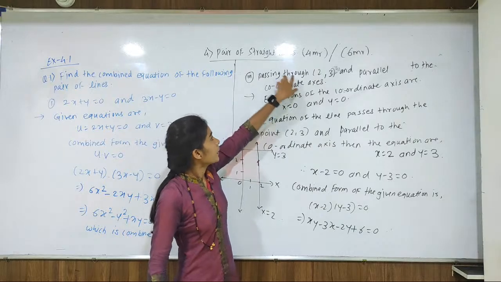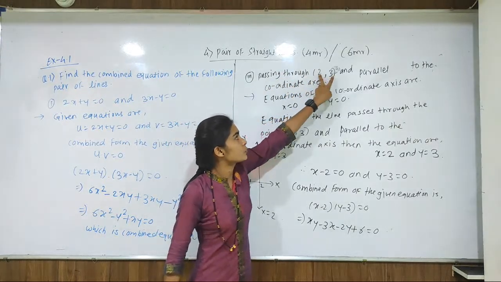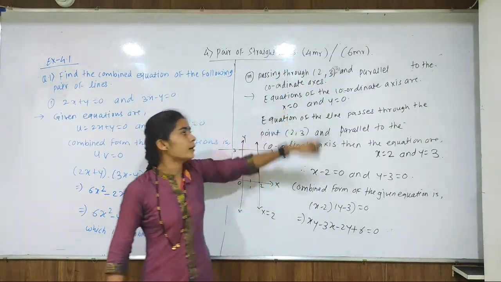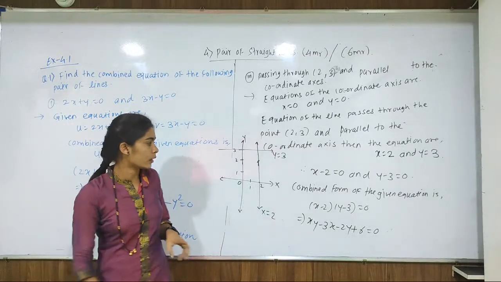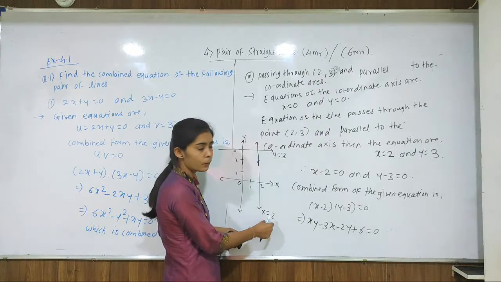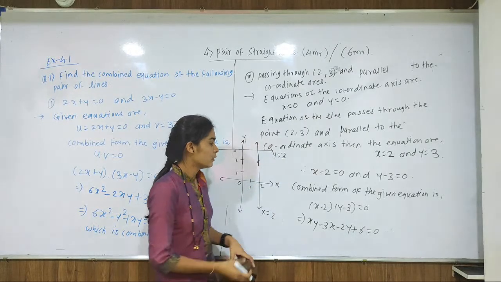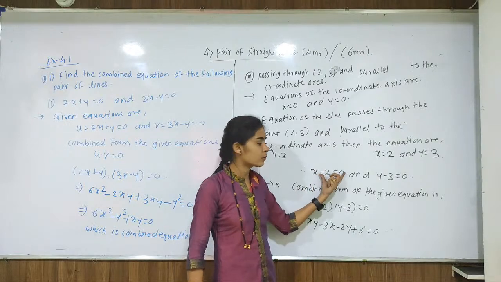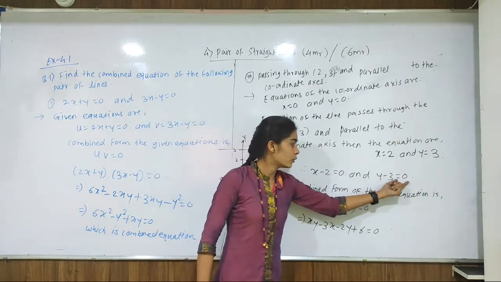So if the line passes through the point 2, 3 and is parallel to the coordinate axis, the equations are x is equal to 2 and y is equal to 3. So we have two equations, x minus 2 is equal to 0 and y minus 3 is equal to 0.